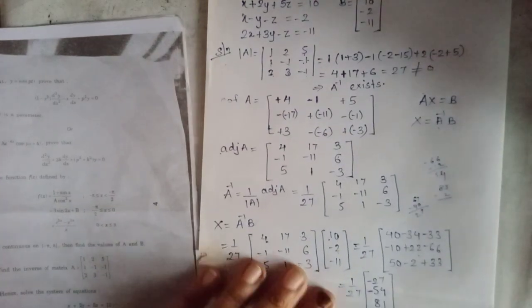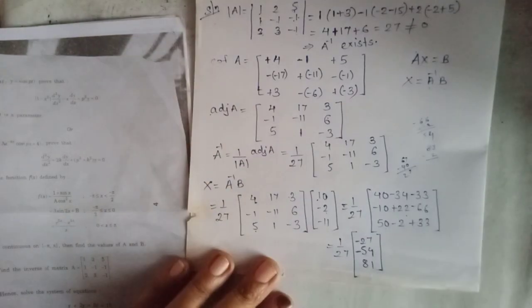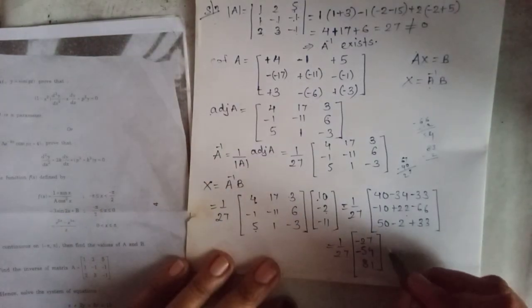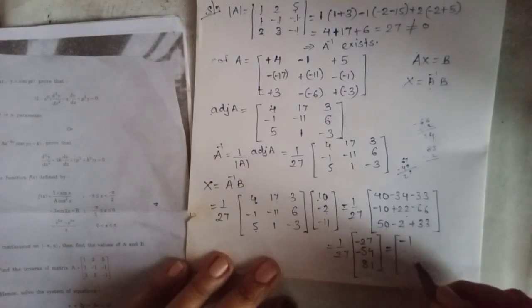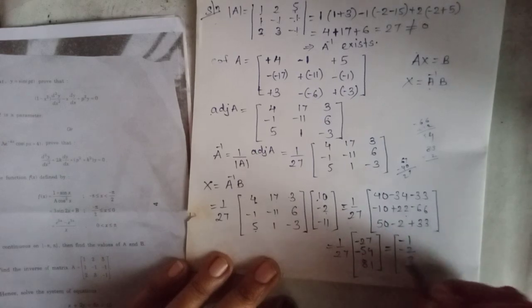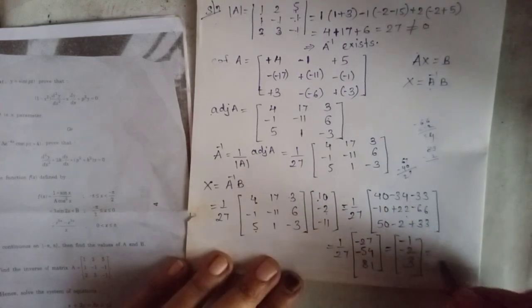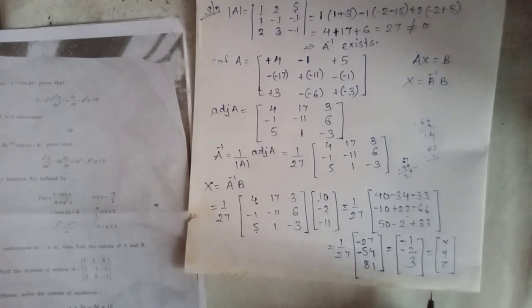Okay, dividing by 27, we'll get minus 1, minus 2 and 3. So x, y, z are minus 1, minus 2 and 3.